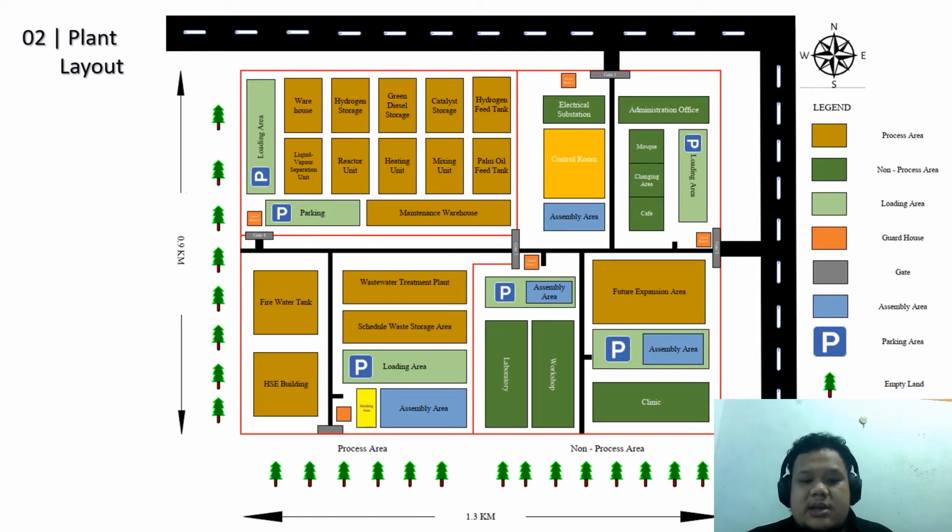And as you can see, the plant is also equipped with the wastewater treatment plant, firewater tank, scheduled gas storage area, and also the HSE building. There is also an assembly area provided in the event of an emergency.